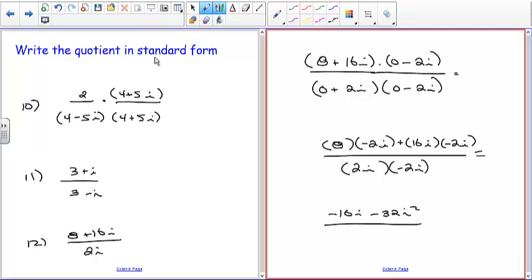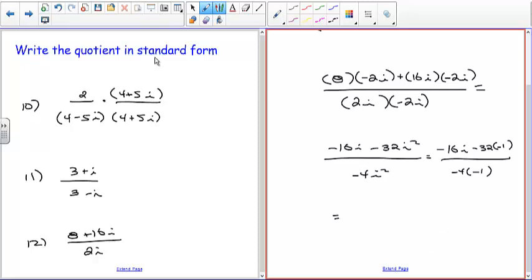In the denominator, we have negative 4i squared. So 2 times negative 2 is negative 4. i times i is i squared. But i squared is negative 1.